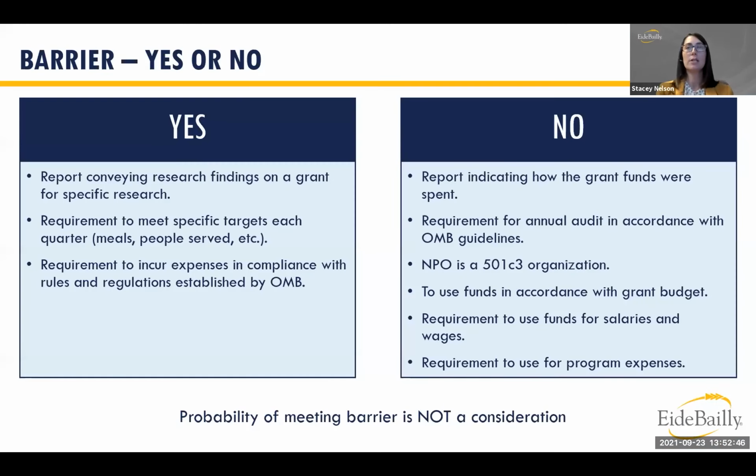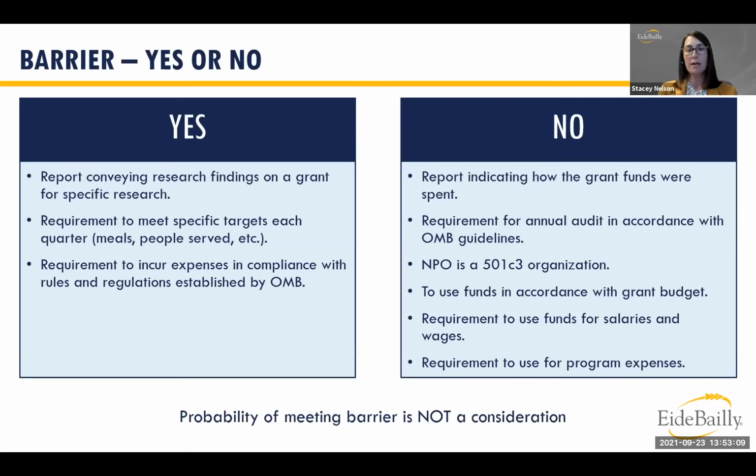So here is another slide, which gives you an example of some items that would be considered a barrier versus those that would not be considered a barrier. Under the yes column, we have reports conveying research findings on a grant for specific research. That's very specific to the purpose of the agreement. Alternatively, the top one on the no side, you've got a report indicating how the grant funds were spent.